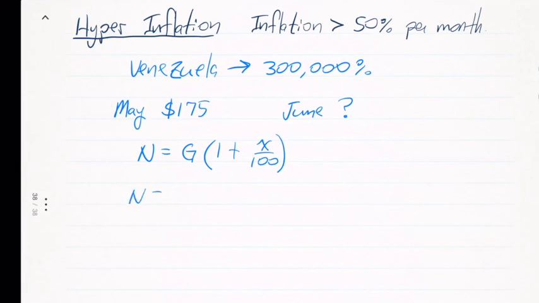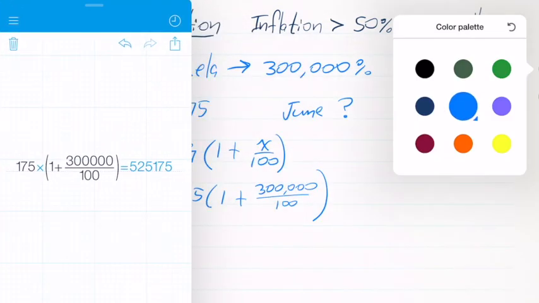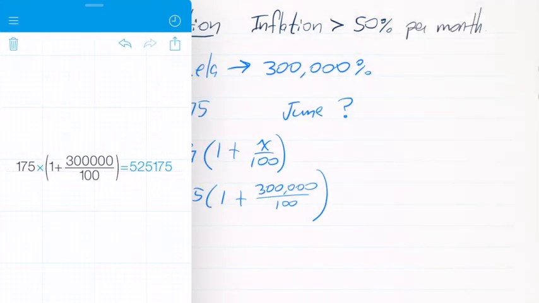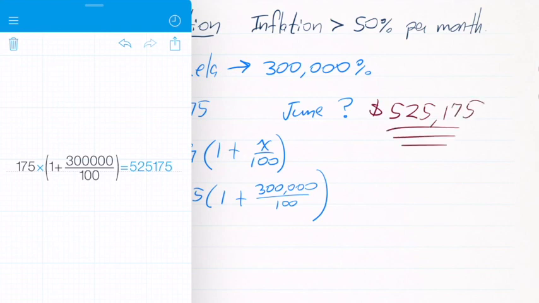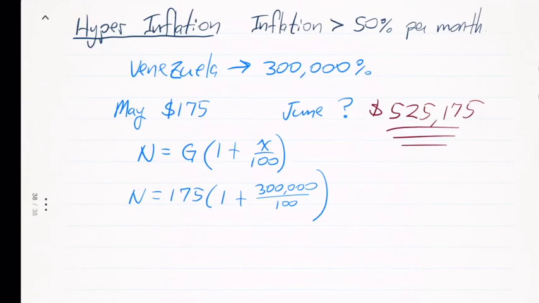So this becomes new equals 175 parentheses 1 plus 300,000 divided by 100. So in June, that would now cost $525,175. So this is what happens when a country goes through hyperinflation.